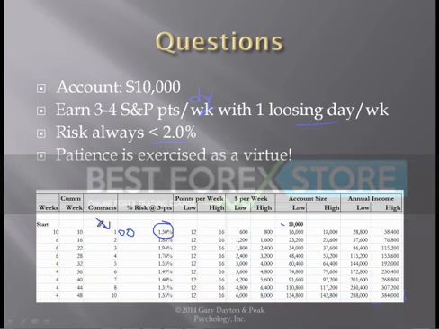So I'm not good enough in math to be able to figure that out, but it might be $4,000 position size is what you would be doing, with a risk of $300 or $350, right?